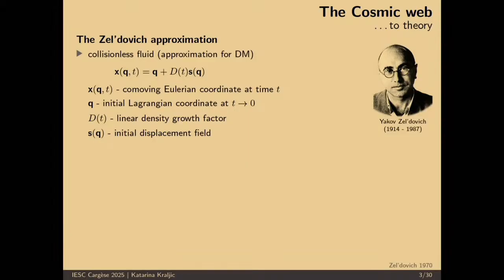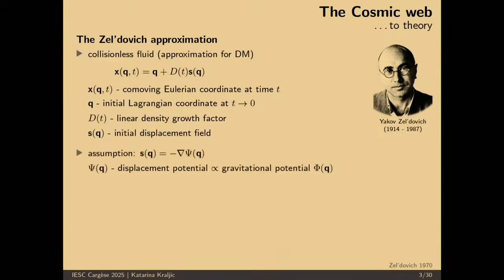So this D(t) is simply the linear density growth factor, and then we have this vector field, which is the initial displacement field. And Zeldovich assumed that this initial displacement field is related to the displacement potential, which is directly related to the gravitational potential.